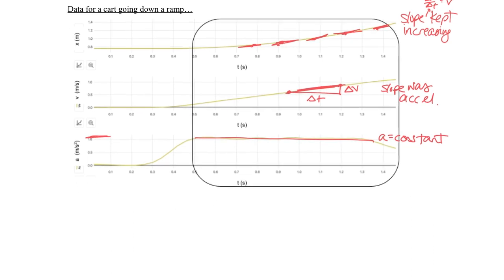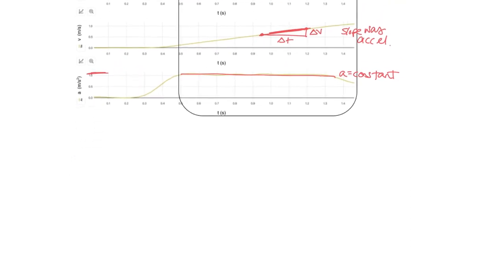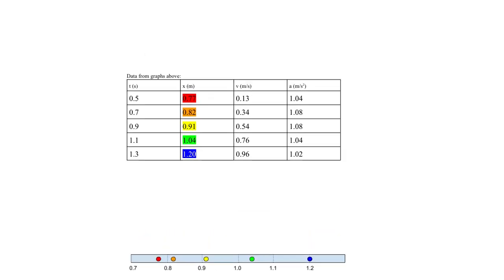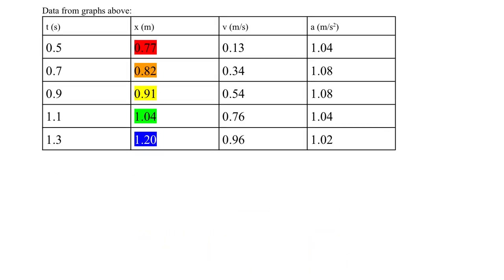Let's look. Oh, look, I gave myself lots of space down here to write, but that's okay. All right. I took data from those graphs that are in the notes, okay? And here's the data. What's delta t here? Do you guys see what I did?